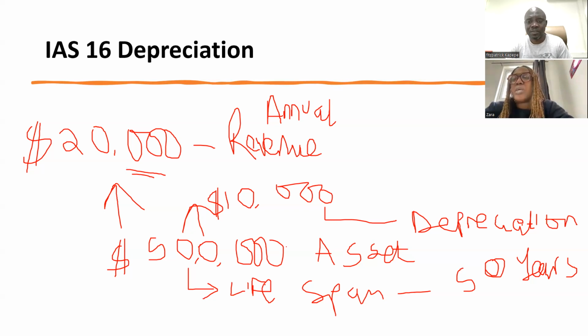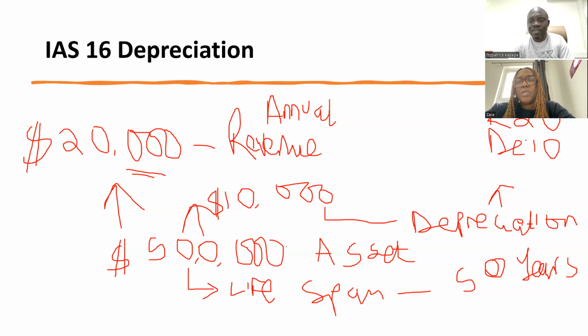The accruals concept, matching concept. So when you look at this depreciation, it is basically an asset. It's a component of an asset that you have used to generate this 20,000. So meaning that if I know that, first I'll put my revenues as 20, less my depreciation, which is 10, as a cost.